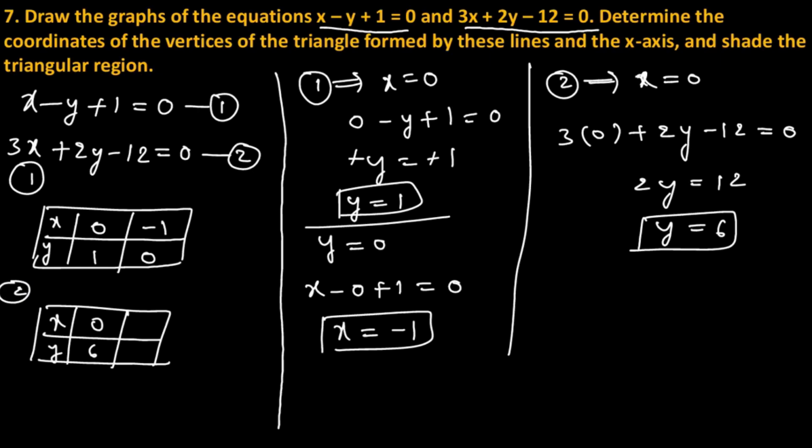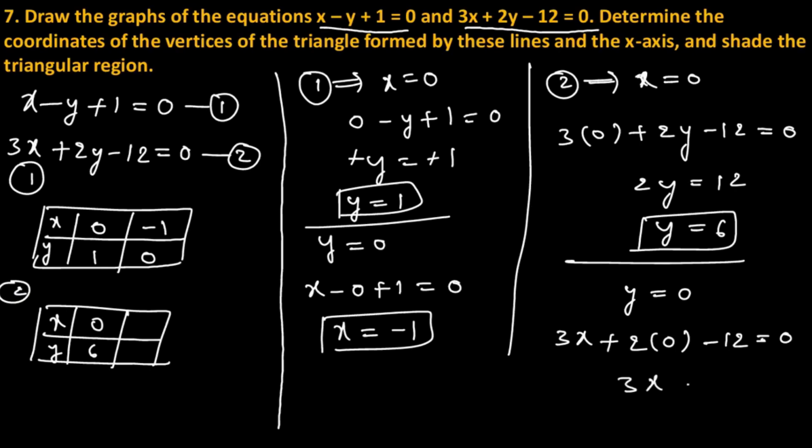This is x and this is y. For the second equation again, if I take my y value is equal to 0, 3x plus 2 into 0 minus 12 is equal to 0. 3x is equal to 12 and x is equal to 4. When y is equal to 0, x will be 4.